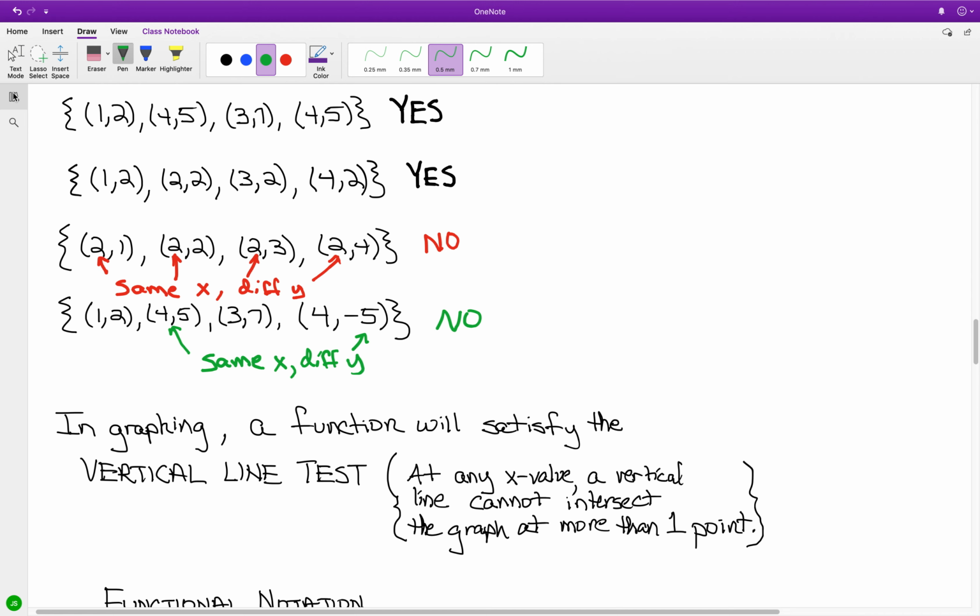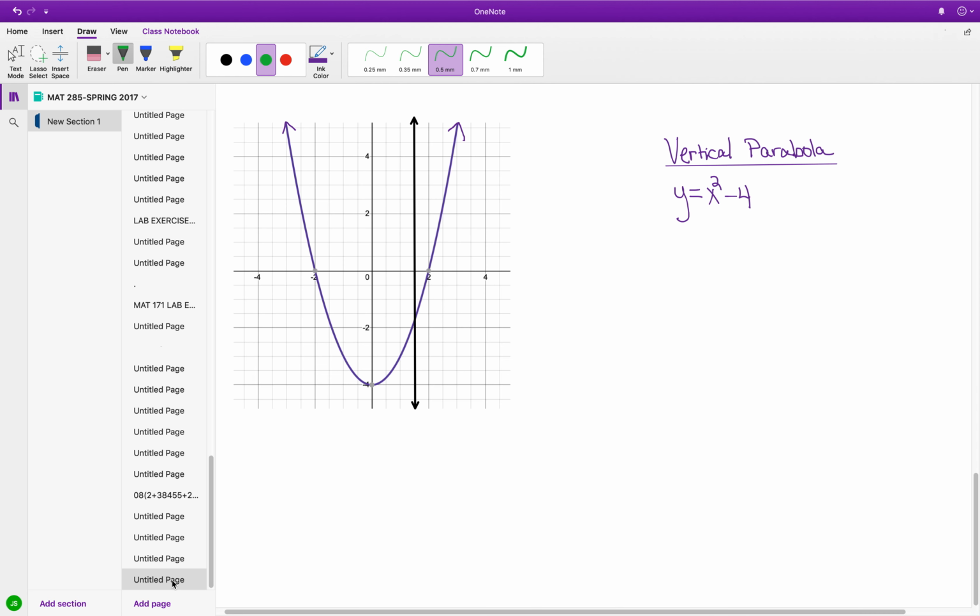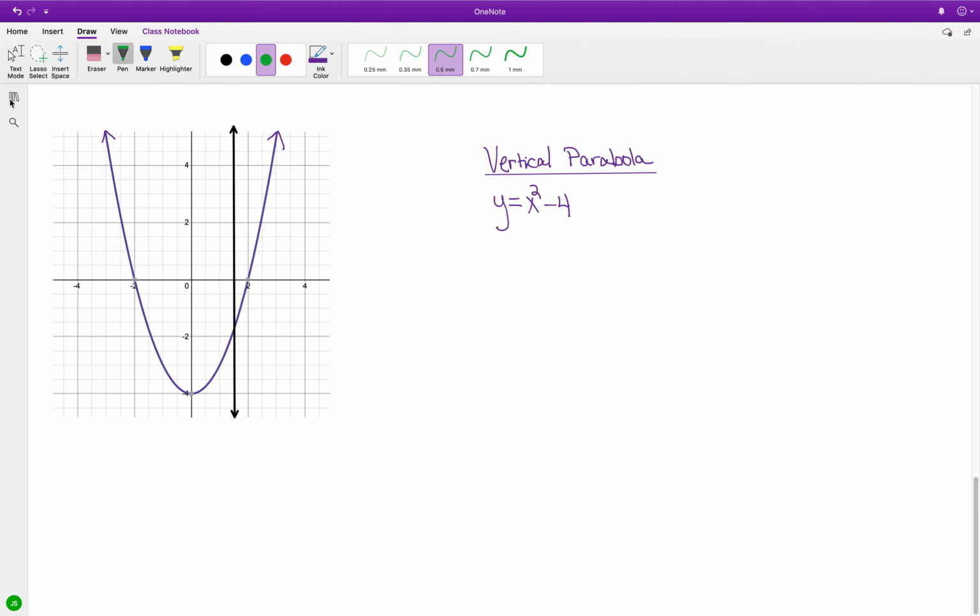In terms of what will constitute a function on the basis of looking at graphs, in the first case, say we have a vertical parabola, y equals x squared minus 4. Is this going to be a function or not?